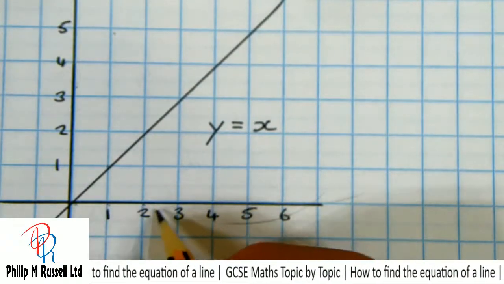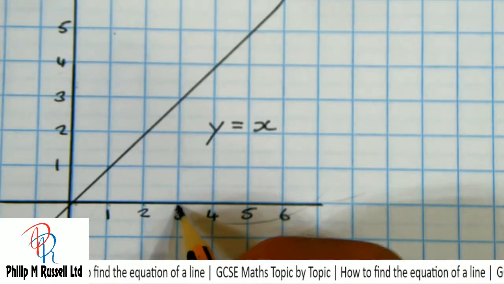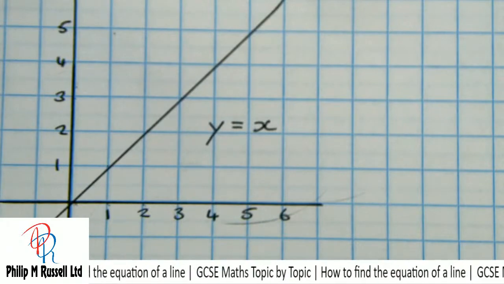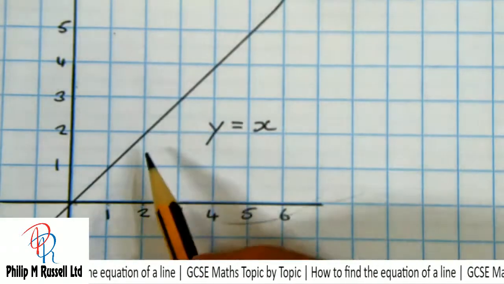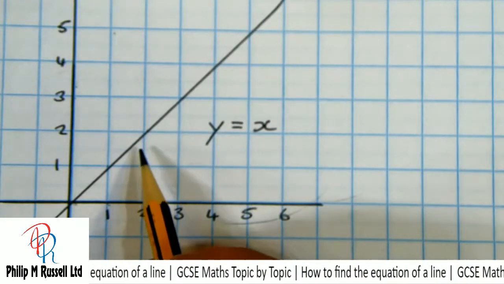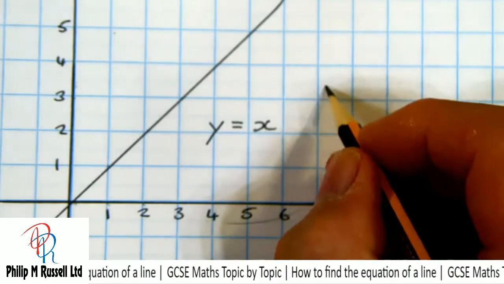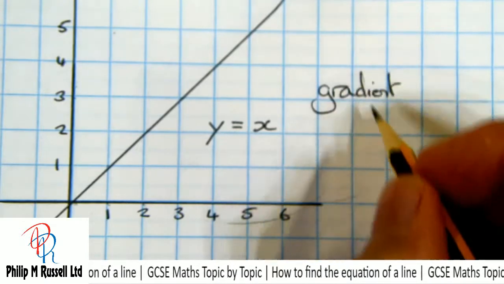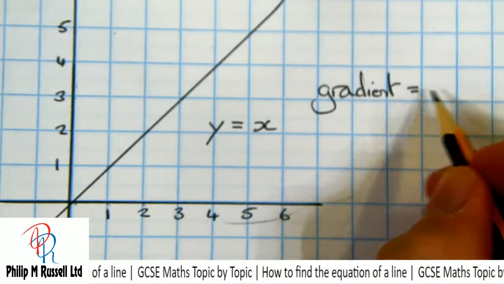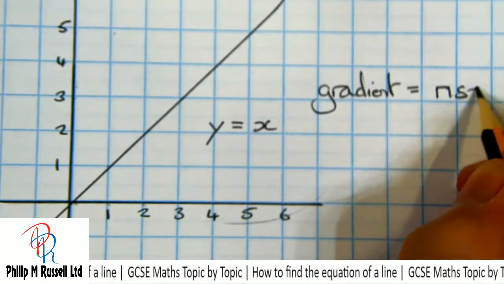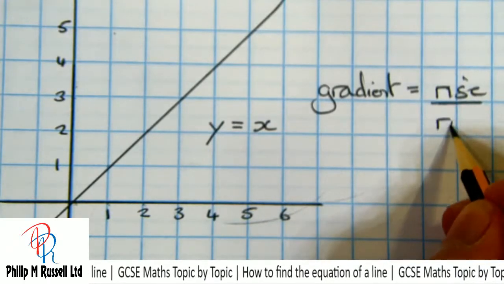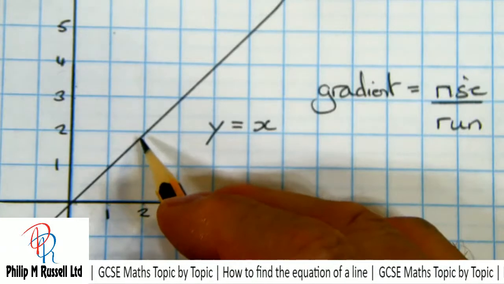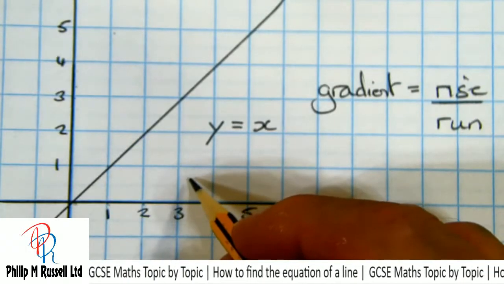So whenever we work out one value, we can immediately work out the next. The gradient here we always measure, and the gradient equals the rise over the run, the number that we go up over the number we go along.